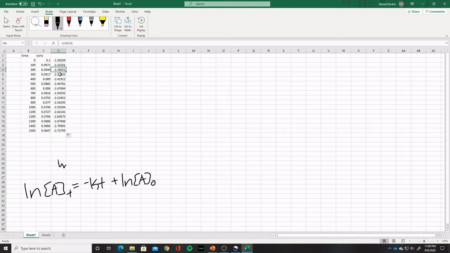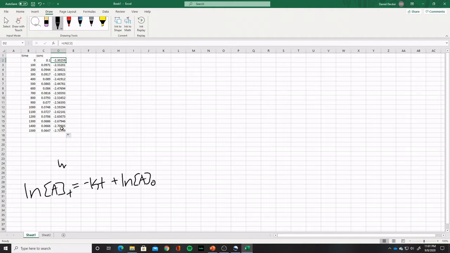If you notice, the C value, the cell that it is referencing, changes. It's because when it does the exact same thing, it doesn't say I'm going to take the same cell. It says I'm going to take the cell that is oriented to this cell in the same way that the previous one was. So here it reads it as this cell is equal to the natural log of the cell next to it.